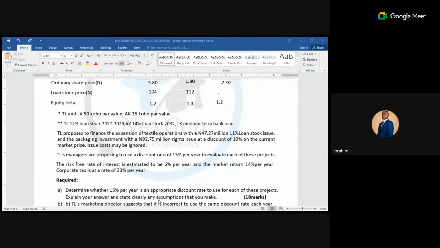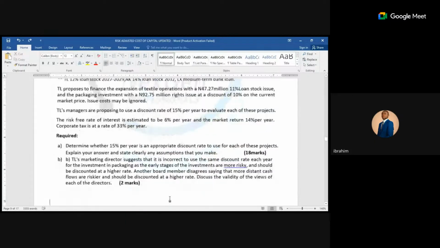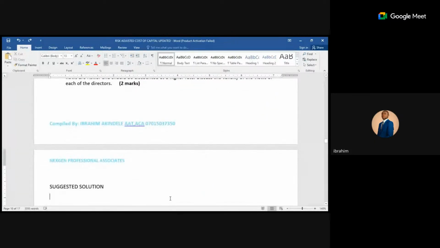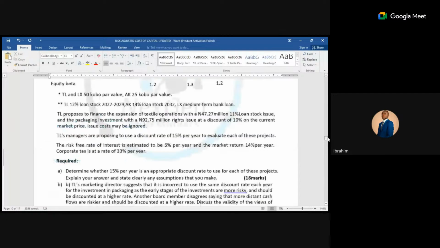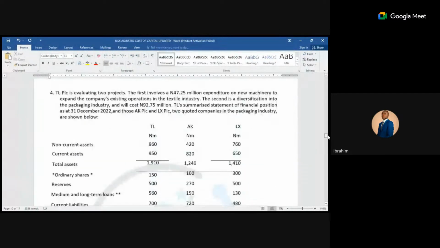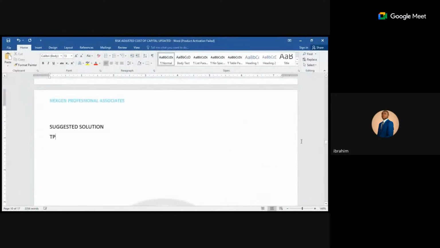That's fine. So the first one is for the packaging industry, for the diversification, suggested solution. Excuse me. So what is the name of the company? TLPLC, right?